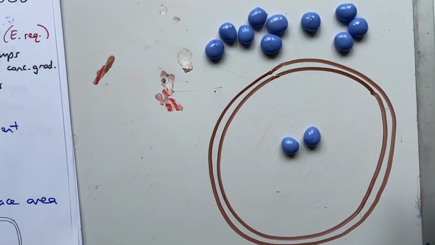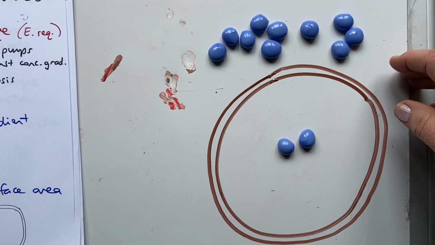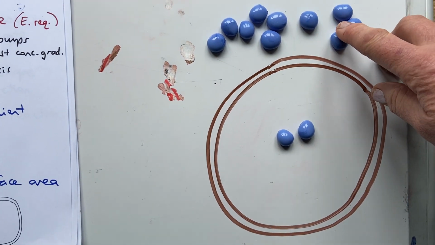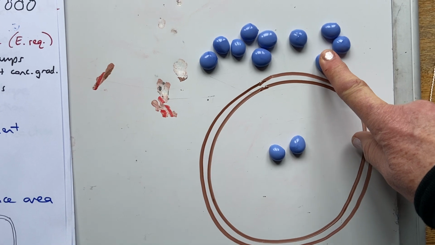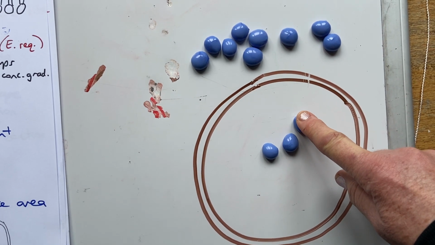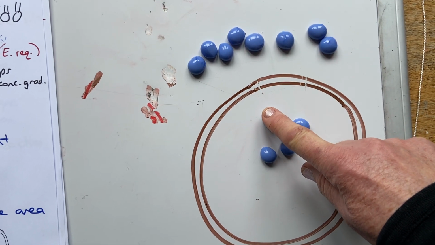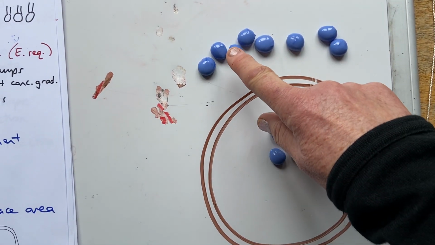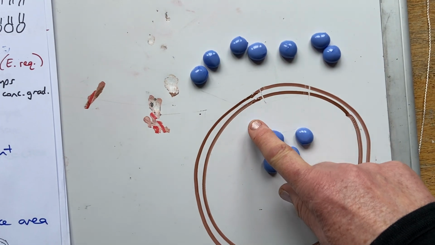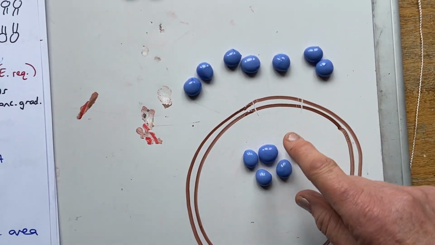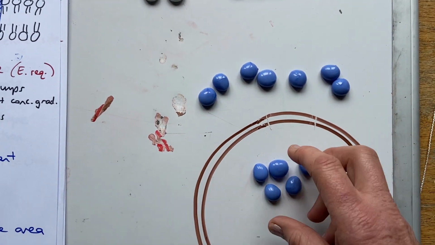So diffusion will happen without energy because molecules will flow down the concentration gradient. They'll go from an area of high concentration to an area of low concentration just by themselves, and if the thing that's being transported is small enough, it'll just go through the gaps in the plasma membrane until the concentrations end up being equal, and then diffusion will stop.